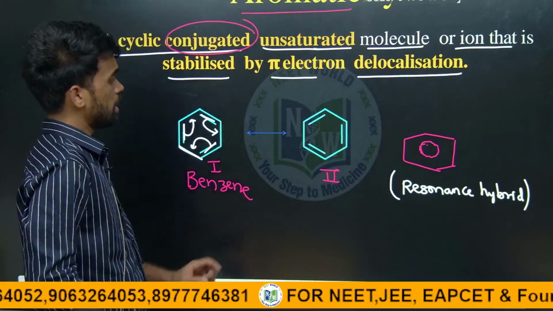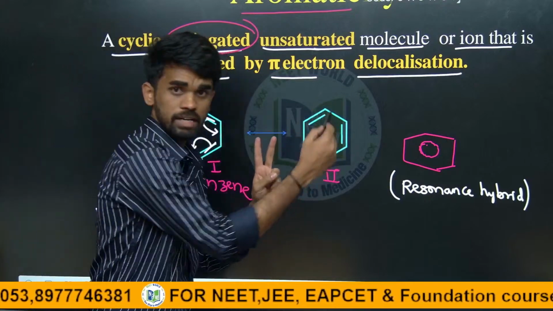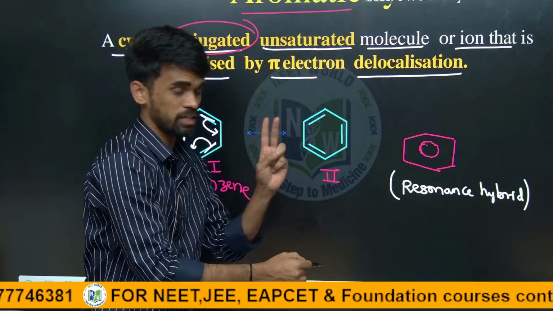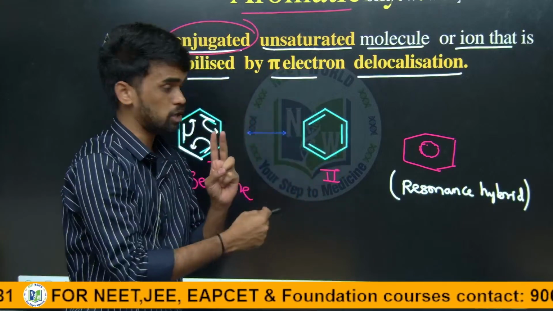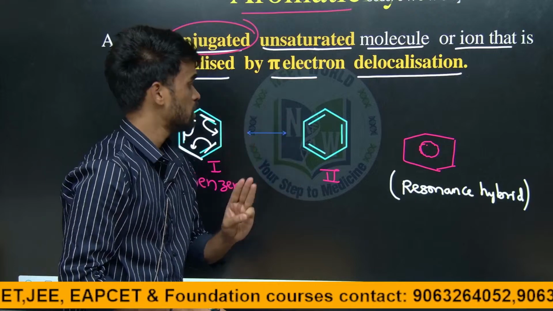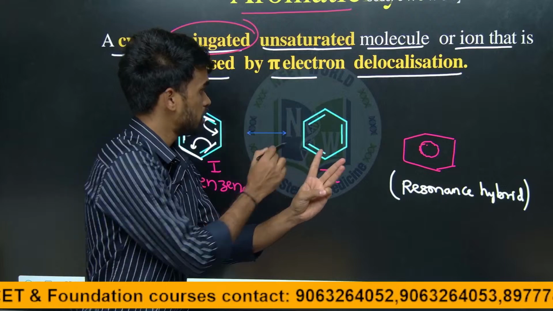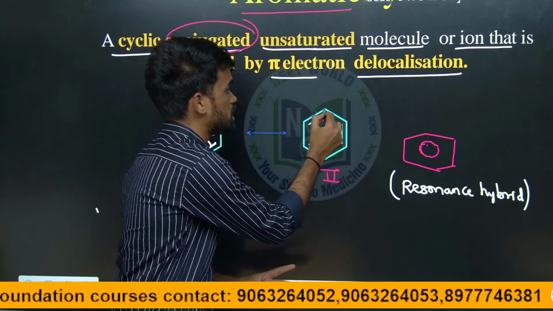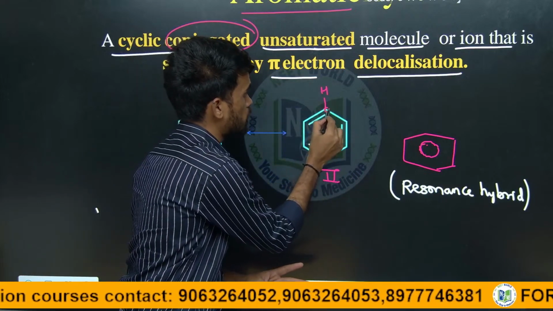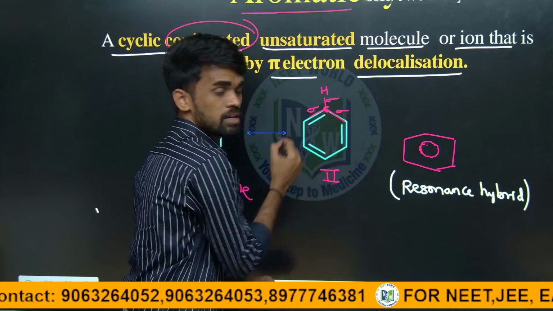Now see here. Benzene is cyclic, yes. It is unsaturated, and these pi bonds are participating in delocalization. So these are the conditions we have seen: cyclic and planar. All carbons here are sp2. Each carbon has 3 sigma bonds and 1 pi bond.